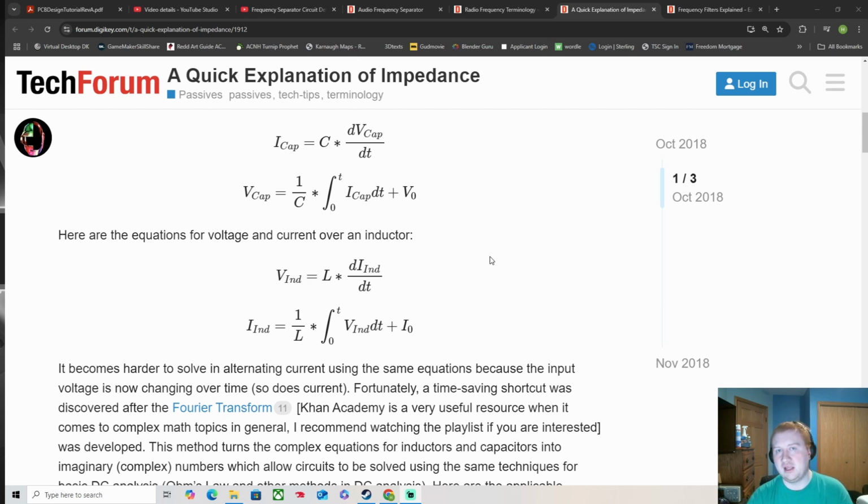That probably sounds complex, and it certainly does get very complex when you talk about alternating current, because now that these are included and your voltage signal is now changing, the whole thing gets even more complicated. So rather than trying to do advanced calculus, there is a shortcut called the Fourier transform.